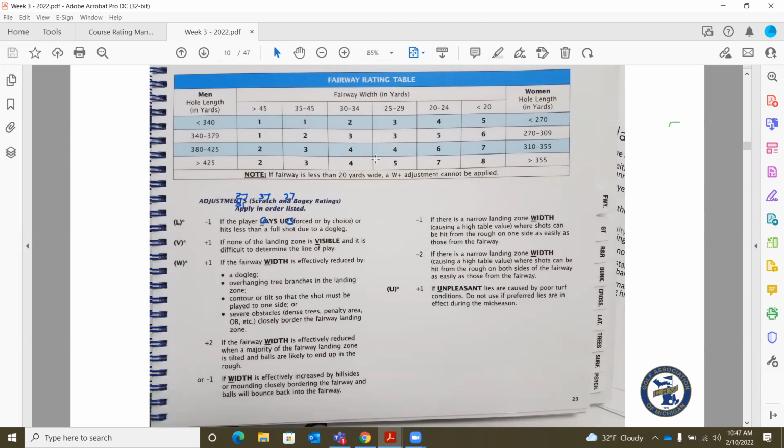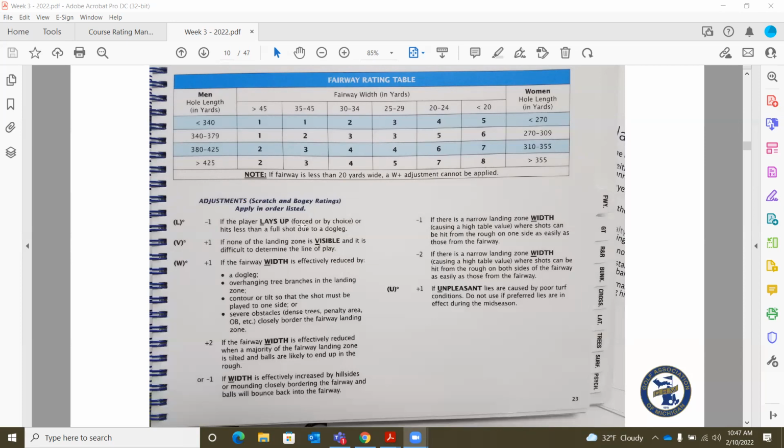All right, so now let's talk about some of these adjustments and what they mean. We talked about the L adjustment, or layup adjustment, last week. That comes into play anytime that a golfer hits less than a full shot.